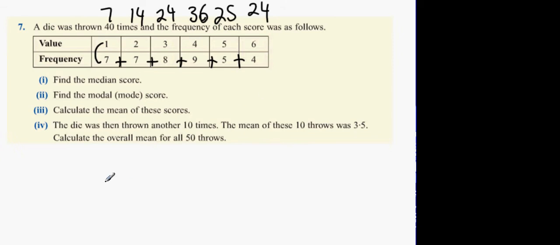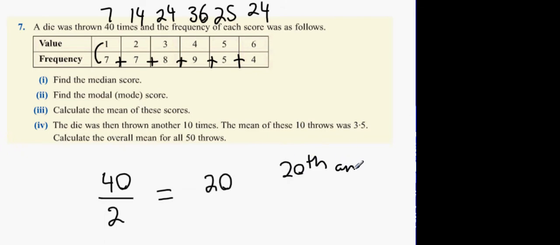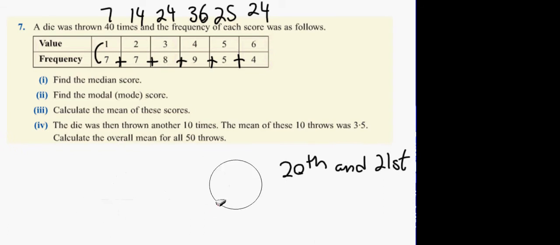Find the median score. If there's 40 in total, the median means divided by 2. It's an even number. When it's an even number, it means there's 2 medians. It's going to be the 20th person and 21st. It's going to be the average of these two. So what we can do next is, lads, we have to find out the location of 20 and 21. The first 7 are located in number 1.